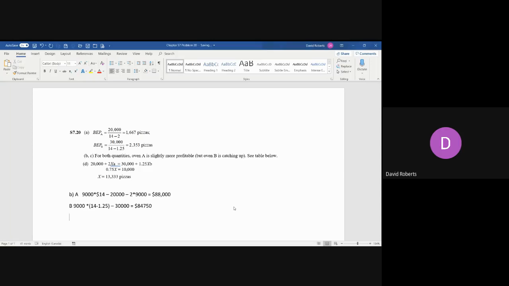All right. Now, part D, which is the main reason I wanted to show you this using Word and not Excel, to find the crossover point between the two. You can see that you make the two equations equal to each other. The fixed cost plus the variable cost per unit for A on the left, and the fixed cost plus the variable cost per unit for B on the right.